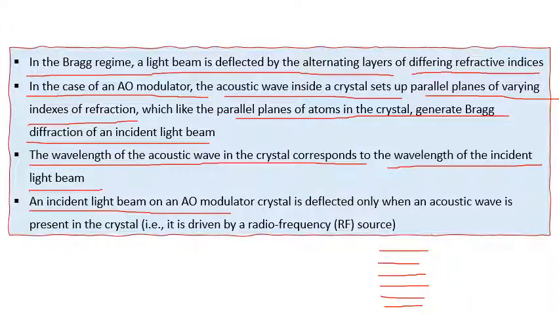An incident light beam on an acousto-optic modulator crystal is deflected only when an acoustic wave is present in the crystal. So what is it saying? The incident light beam is deflected only when, if it is off, there is no RF signal, then there are no acoustic waves, then there will be no deflection.